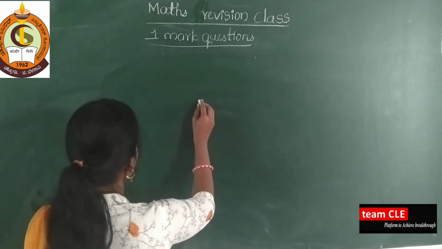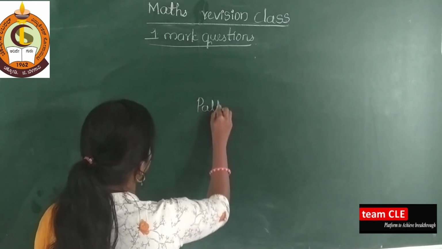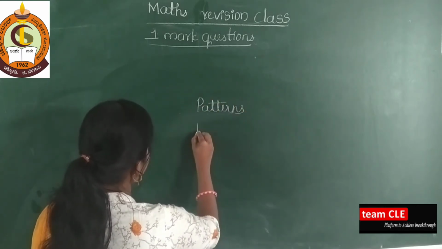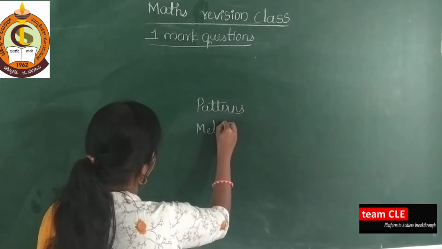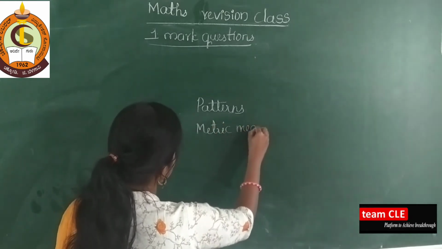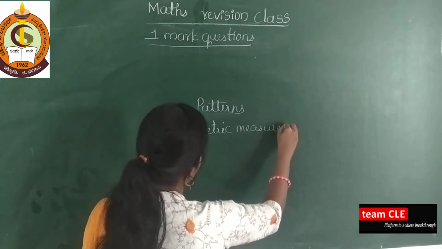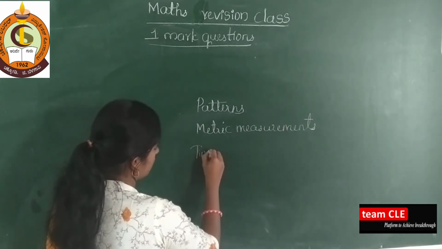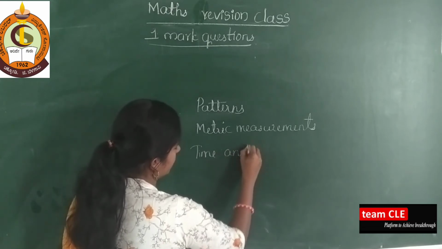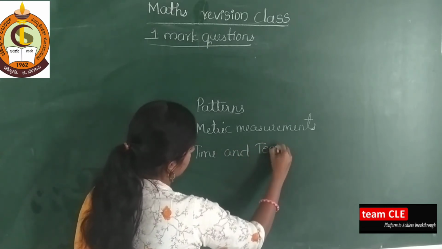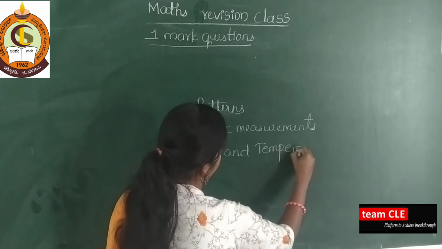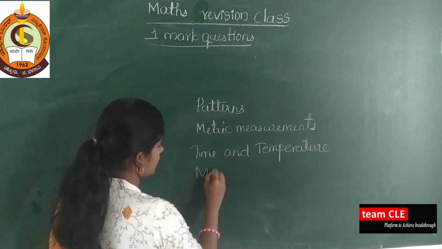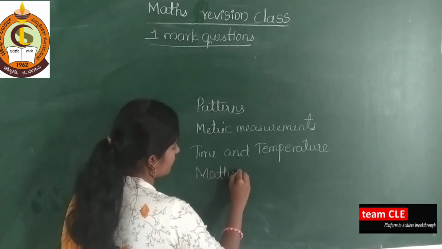So the first one is patterns and symmetry. Second is metric measurements, and one more is time and temperature, and one more is mathematics in daily life.